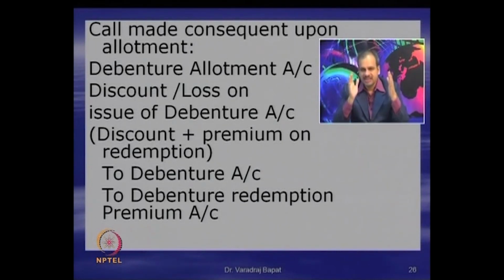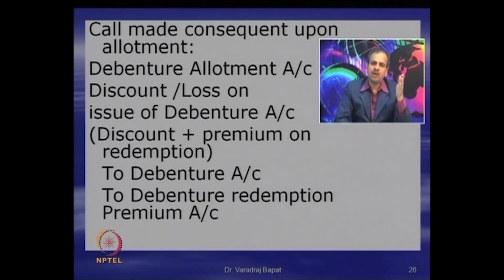So I will just take a concrete case, then I think it will be more clear to you. So here what is happening is a 100 rupees debenture is being issued at 97 and it will be redeemed at 106. So the company has two losses: one, it is giving a discount of 3 rupees, and at the time of redemption it will repay 6 rupees more.